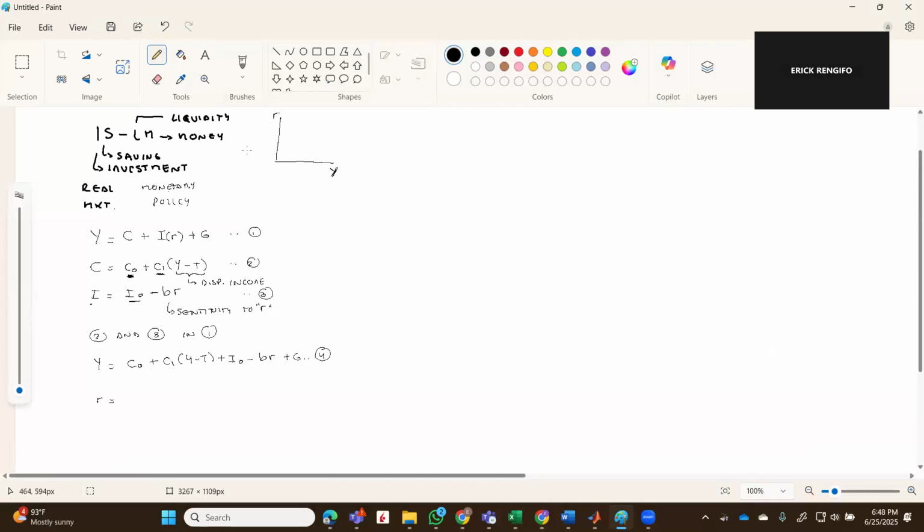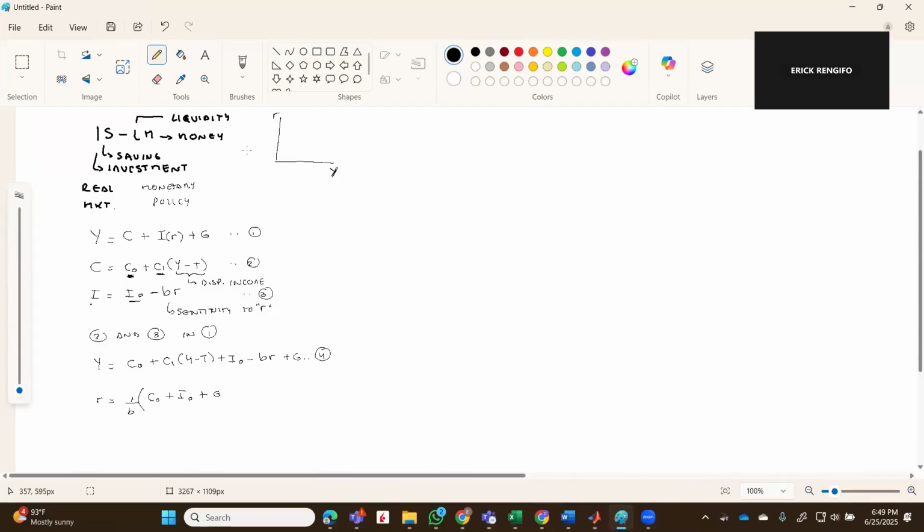So R here can move over. It's going to be basically 1 over B. Agree with me or not? This moves here, the B goes down, that multiplies, and I will have C0, I0, and government. So this is done.